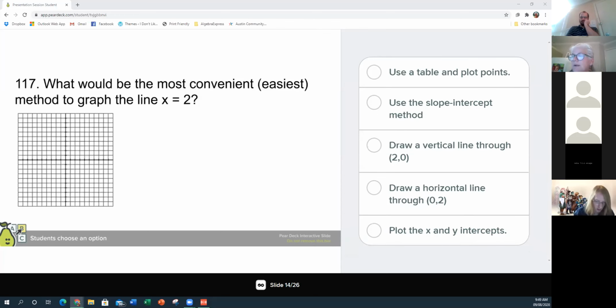So here the book asks just what is the most convenient method to graph the line, and it didn't really ask you to graph it, but I would think that you would graph it. So I want you to graph it and tell me what the most convenient method is. And honestly, I don't care if you pick the most convenient method. I just want you to be able to graph it.